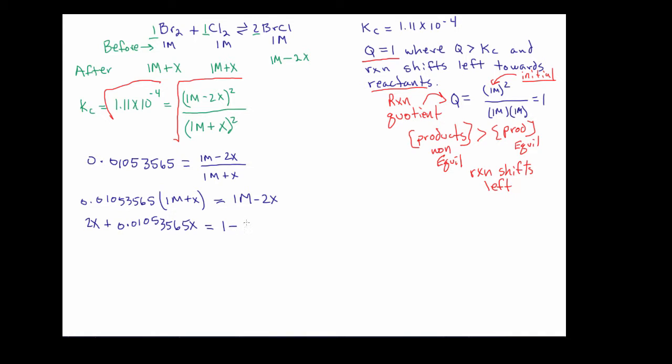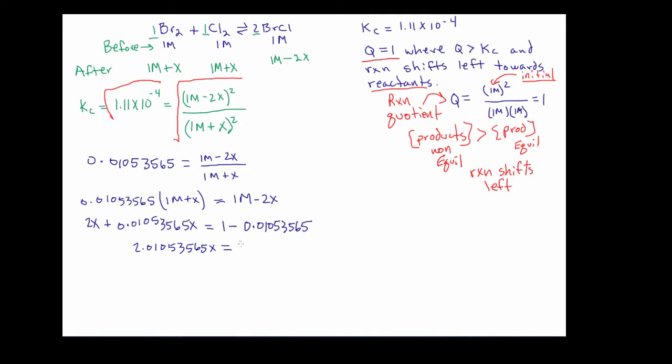minus 0.01053565. Okay, now on this side we're going to end up with 2.01053565x. A lot of numbers here.